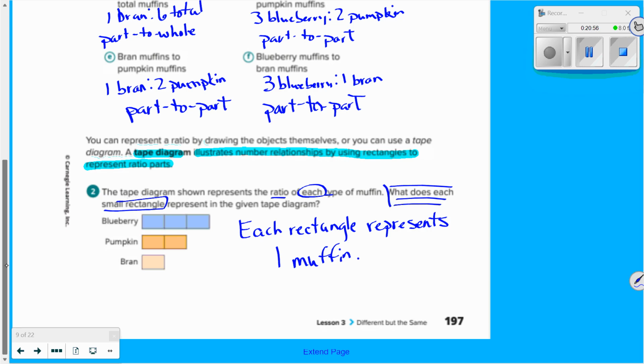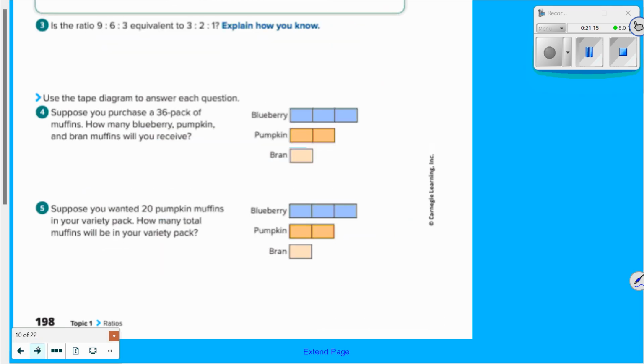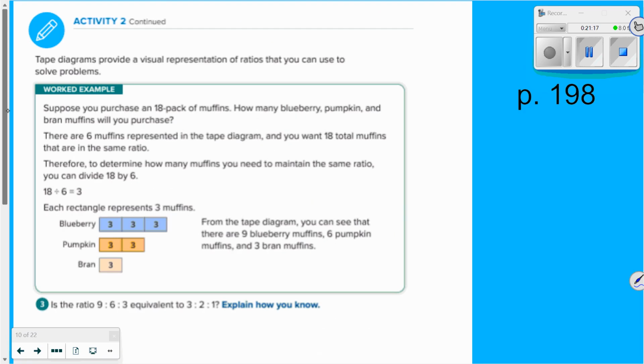How many total muffins are represented? 6, because there's 6 boxes. So with a tape diagram, we're taking our ratio, simplifying it, and making 1 box for each part of the ratio. So when we're looking at the whole thing, now we can talk about equivalent ratios.